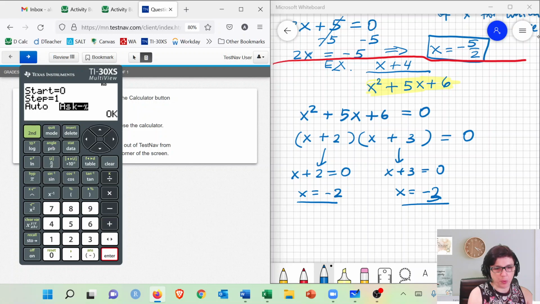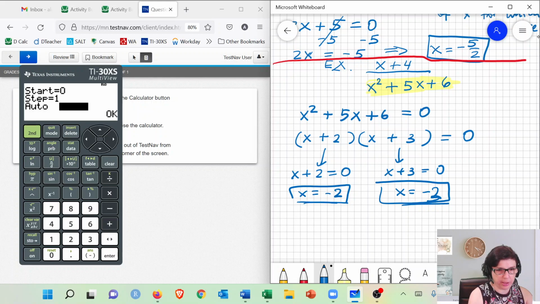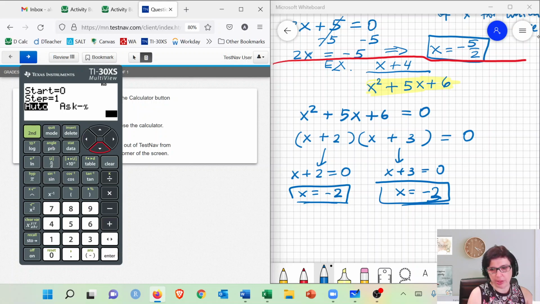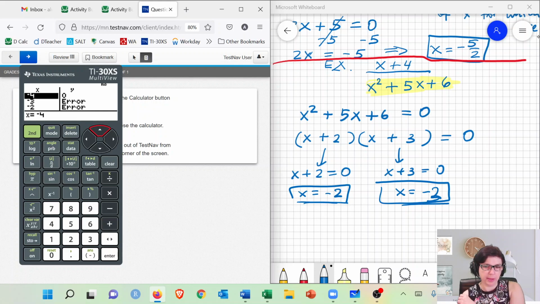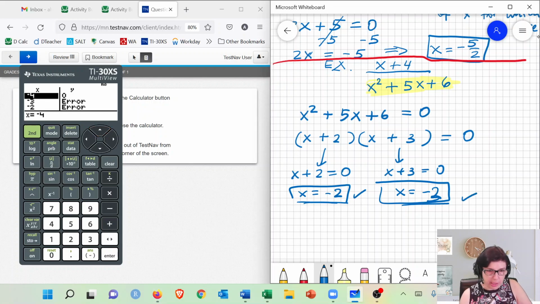At this point, because my numbers are integers, negative 2 and negative 3, I can go back and change this to Auto, because I don't need to necessarily enter them. I can just scan through the table. If I go down, I can see that at negative 3 and at negative 2, the calculator is telling me that there's an error. The reason is because you have division by 0, and you can't divide by 0. That's why the calculator is like, excuse me, what is that? I don't know what to do with that. So you know that negative 2 and negative 3 are correct answers.